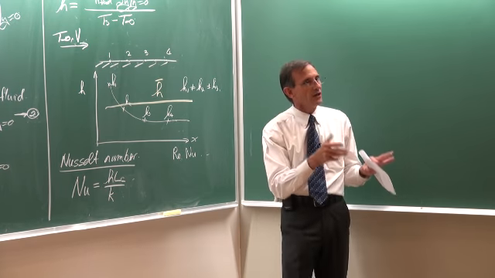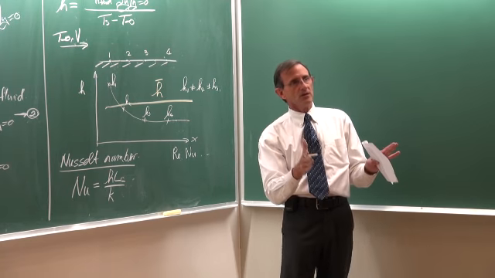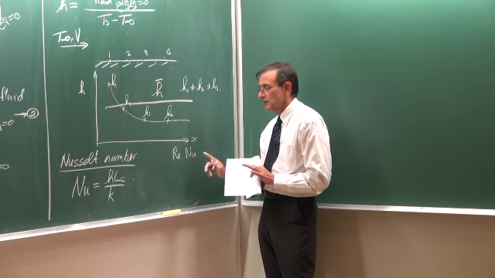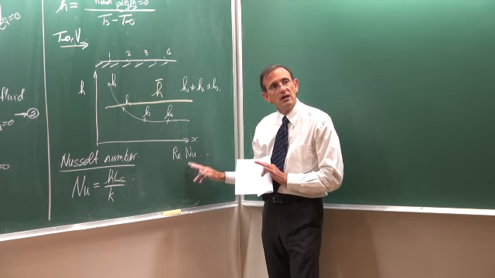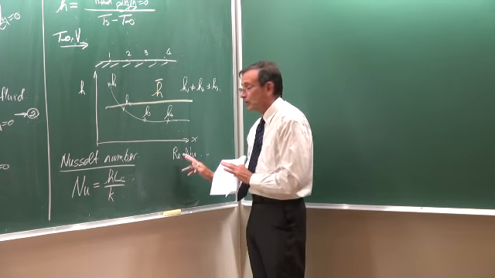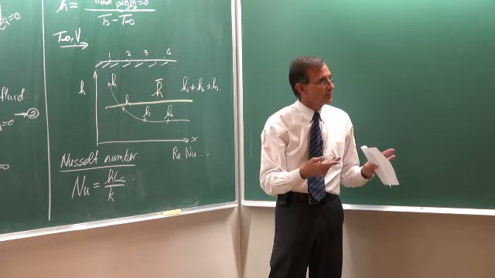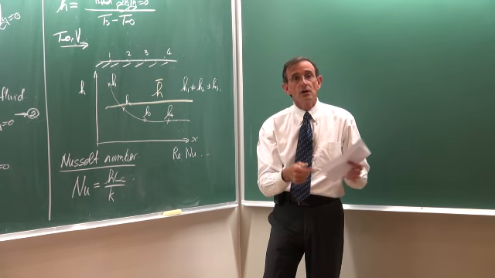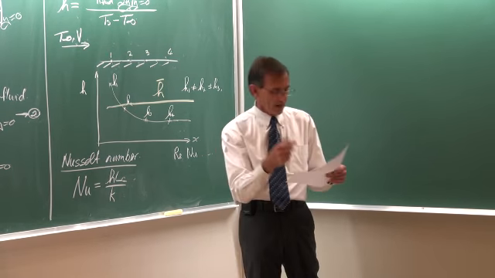So it is very, very important, and it's a trap in general. So always be very careful when you calculate the Reynolds number or the Nusselt number, that you know what characteristic lengths were used when the experiments were done, or when the correlation that you're going to use was developed.